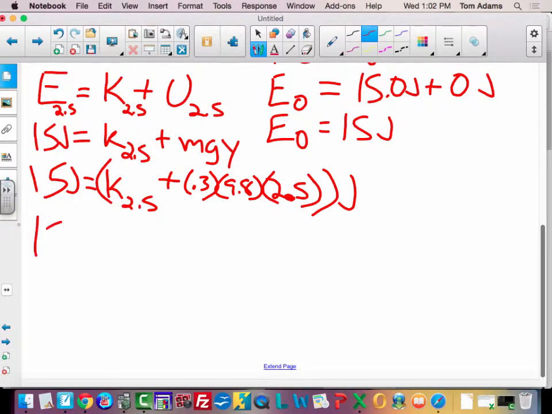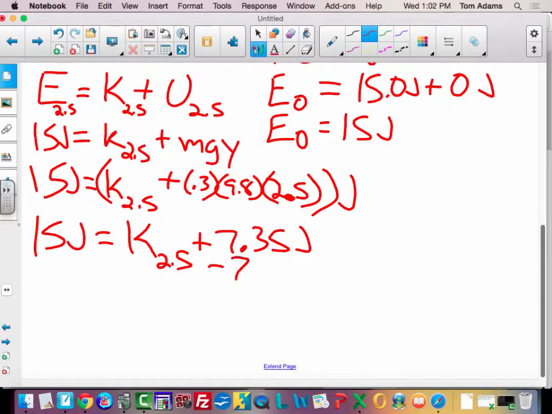This number here is actually 7.35 joules. So I figure out that my kinetic energy at 2.5 should be 15 minus the 7.35. Does that make sense to you guys?